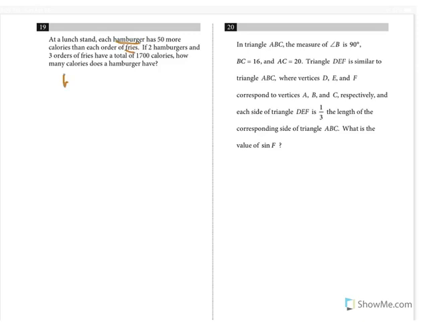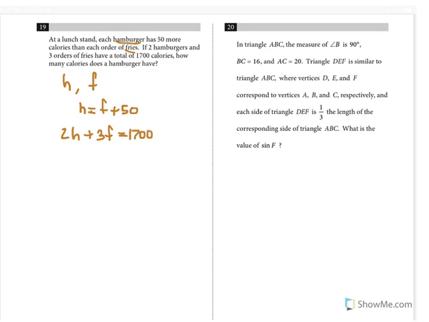So let's just say we have H and we have F. It says hamburger has 50 more calories than each order of fries. So the calories for a hamburger equals the fries plus 50. And then it says 2 hamburgers, so 2H plus 3 orders of fries, plus 3F, that equals 1,700.